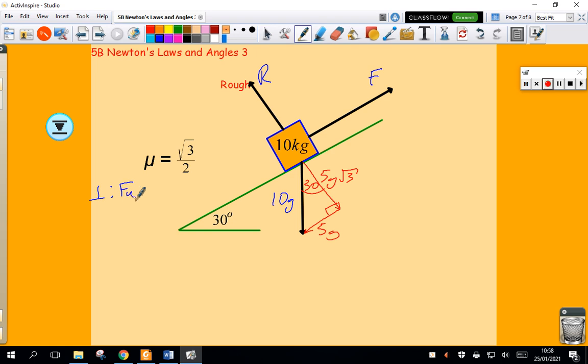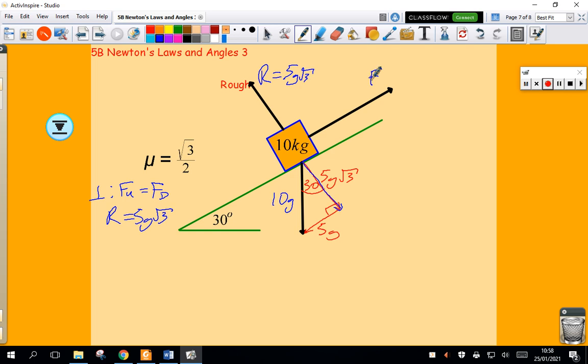So the force up perpendicularly away will be equal to the force down perpendicularly into the plane. So the normal reaction has to be equal to this 5g root 3. That has to be the case.